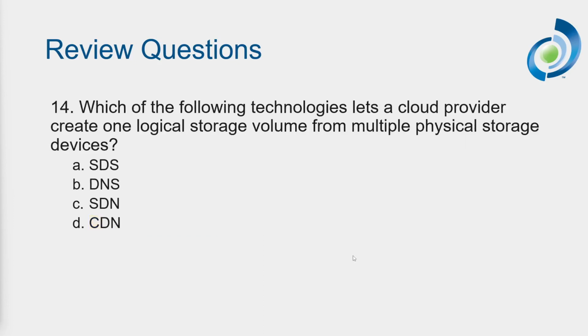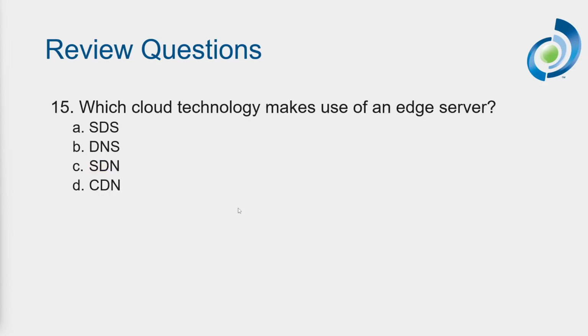14, which of the following technologies lets cloud provider create one logical storage volume from multiple physical storage devices? This is the SDS. Which cloud technology makes use of an edge server? Remember, this is CDN, Content Delivery Network.